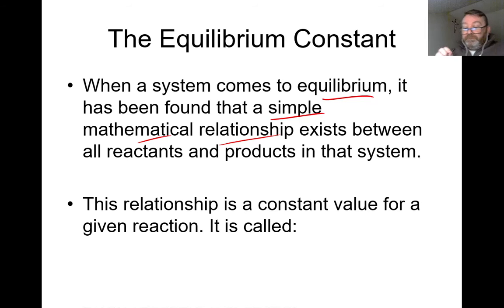The reaction that we deal with has a specific Kc value, a specific constant, all right? And every reaction has its own particular constant that we can calculate from the reaction. The relationship is a constant value for a given reaction, and it's simply called Kc. Now, what does Kc mean? C reminds us that we're dealing with concentration.